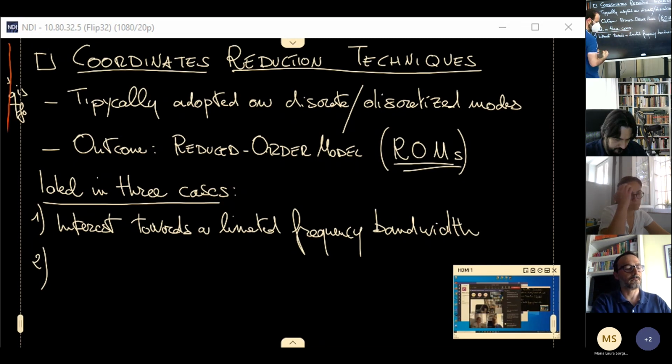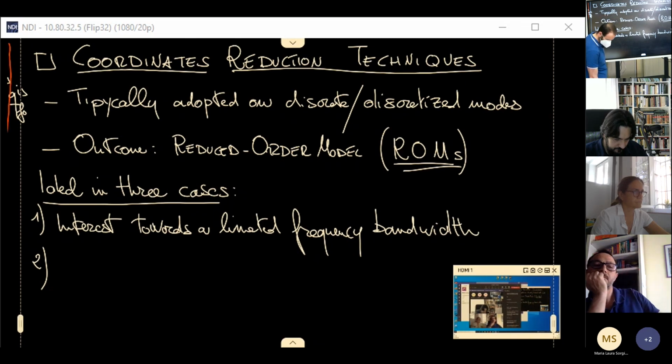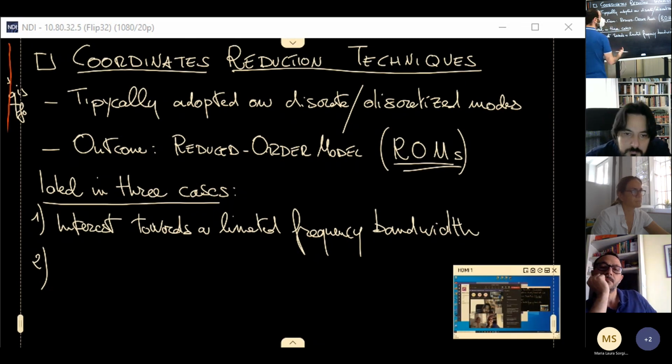Then the second case in which the adoption of such techniques is ideal, when we can subdivide the structure into different parts, and we can condense some of these parts into what we call super elements, and then we will make a hint to this.